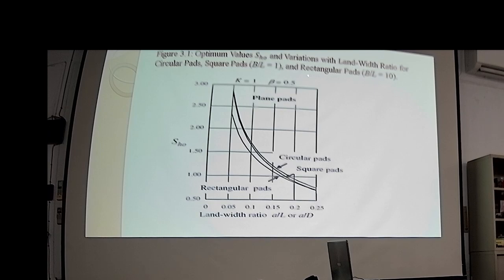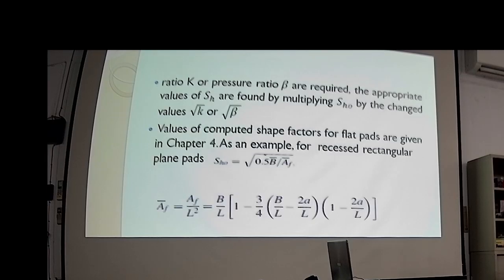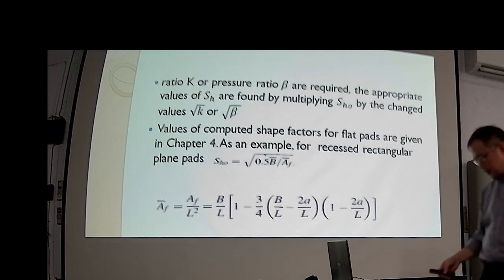square head, and rectangular head。这边有定义的，什么叫 rectangular head？这个长宽比是10倍，这个叫做 rectangular。那这是 so this is from the page 59.